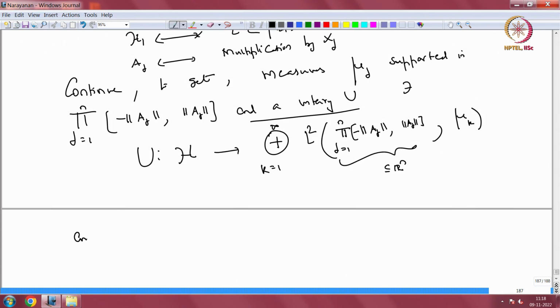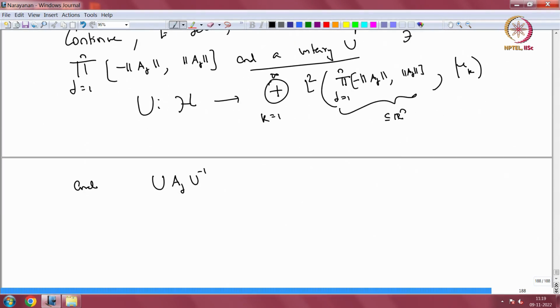So, that is the important part, and u Aj u inverse. So, u inverse will go from the direct sum of L2 to the Hilbert space H, and Aj takes the Hilbert space H to itself and u will take it back to the L2 space. So, u Aj u inverse should act on some function f in the direct sum, and I should tell you what its value is at some point x, where x is in the product space of the intervals minus norm Aj to norm Aj.